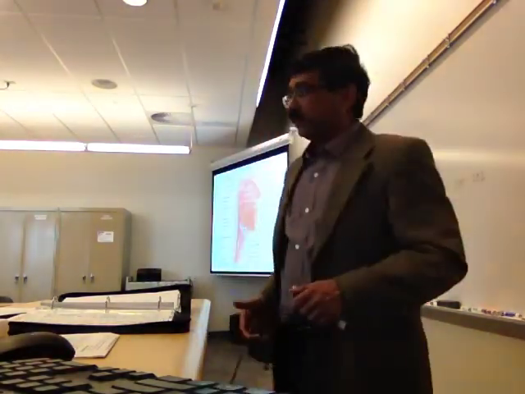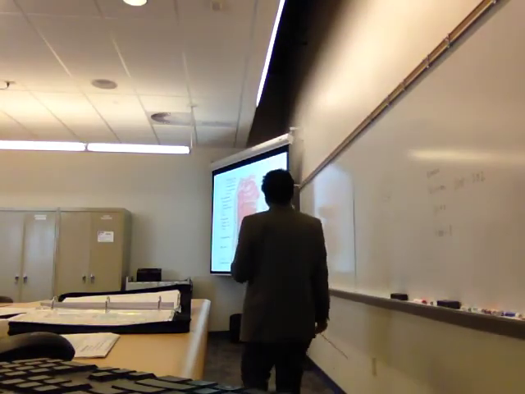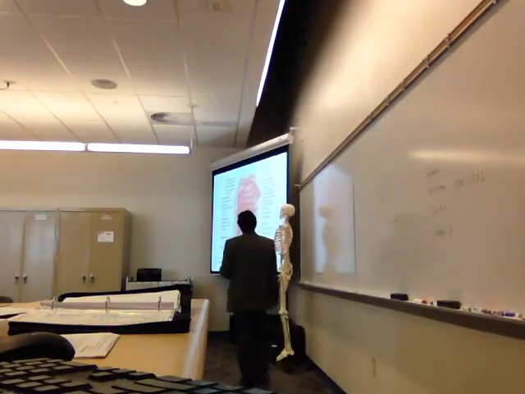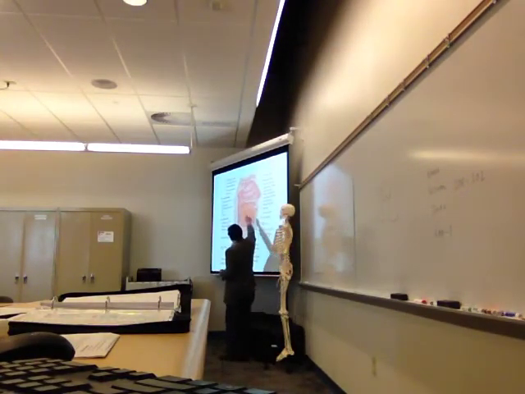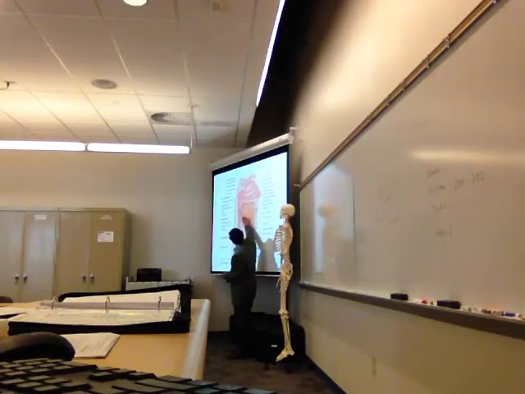Now, two important structures here prevent the food from entering certain areas. This is the soft palate, and the posterior end of the soft palate is called the uvula. When you swallow the food, the soft palate and uvula will move up.